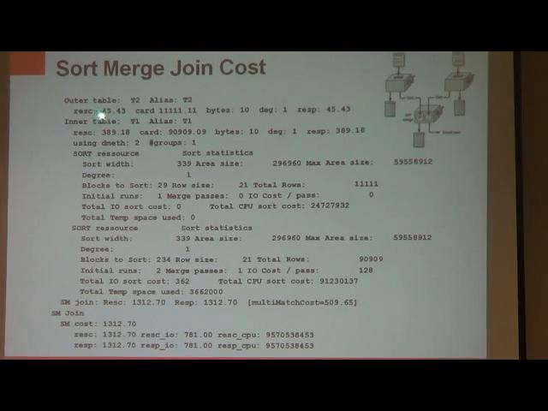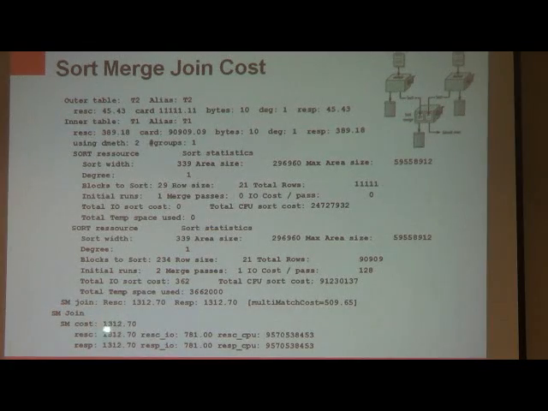So I take the cost of the outer, take the cost of the inner. We're talking 45 plus 389, plus the cost of the join itself. And that cost of the join itself adds up to this number. So if I take 1312 minus 389 minus 45, that is the cost of the actual join.